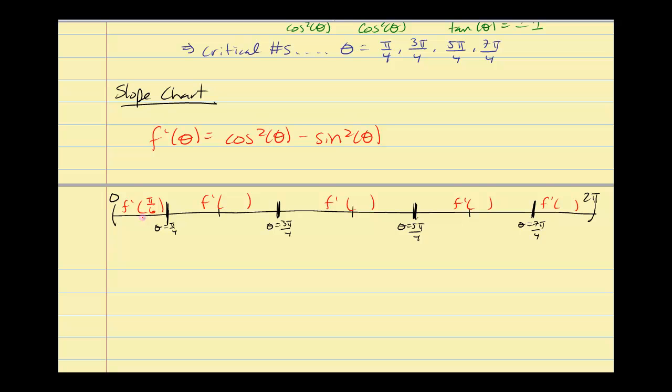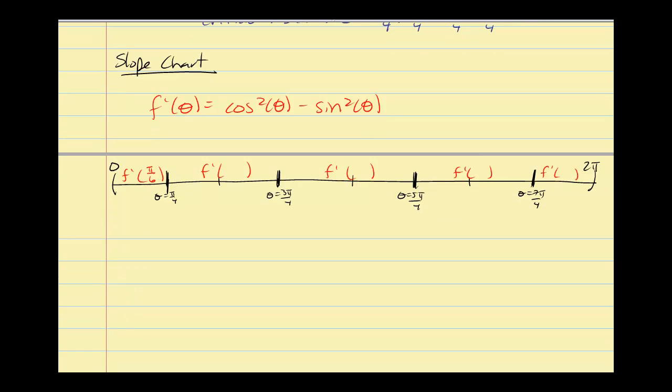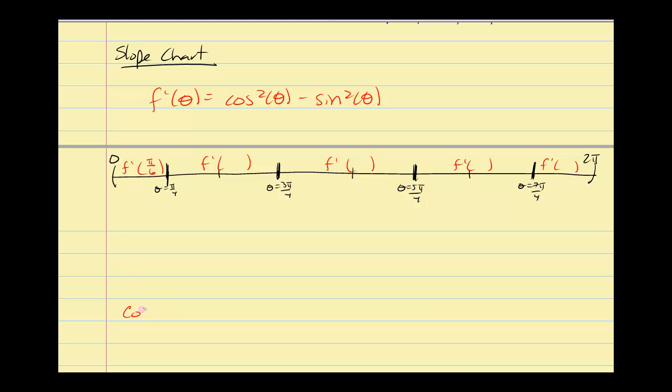So when we plug in pi over 6, we'd say the cosine of pi over 6 quantity squared minus the sine of pi over 6 quantity squared. So this is f prime at pi over 6.